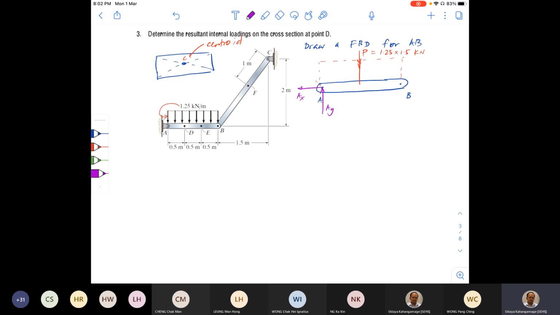And how about the point B? It's also kind of a pin joint, but from the way it is attached to link BC, we know exactly the reaction force is going to go through that one, right? It's like hanging from a rope. So therefore, the reaction force here is going to apply along BC. We will mark that force as FBC, and it creates an angle with the horizontal surface, we mark it as theta.